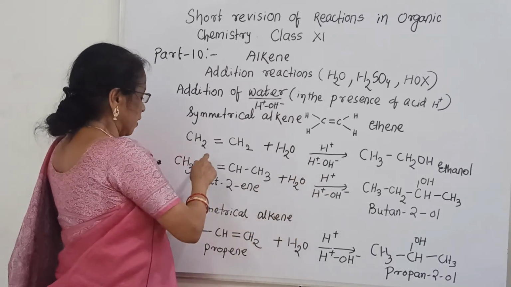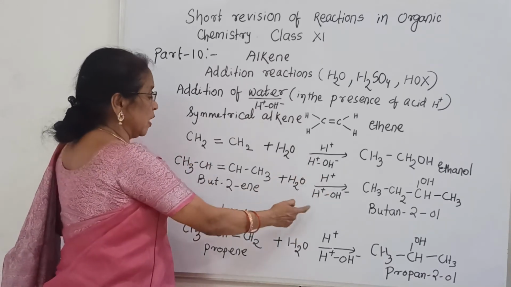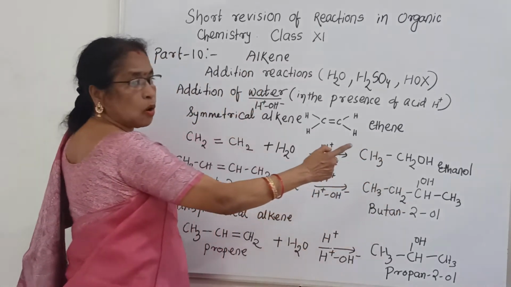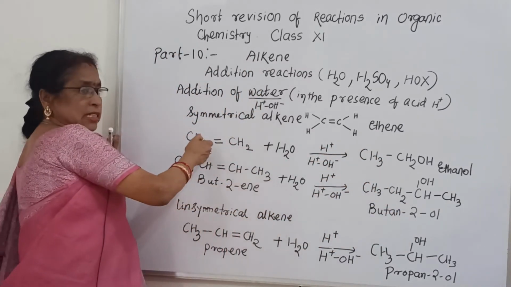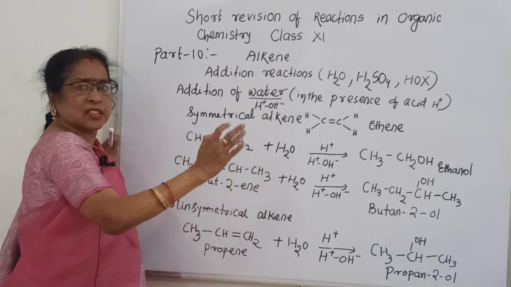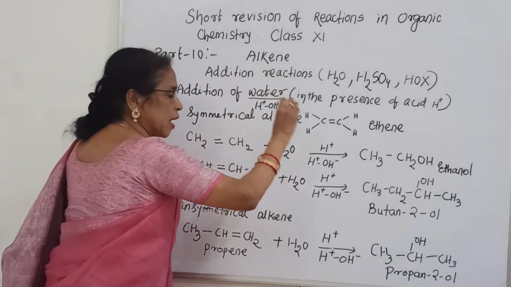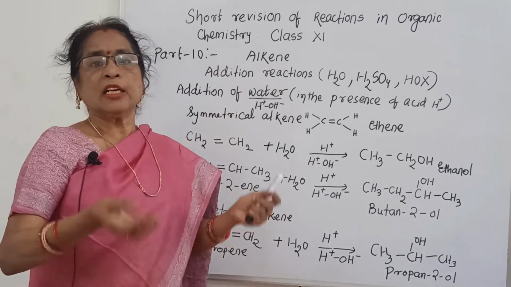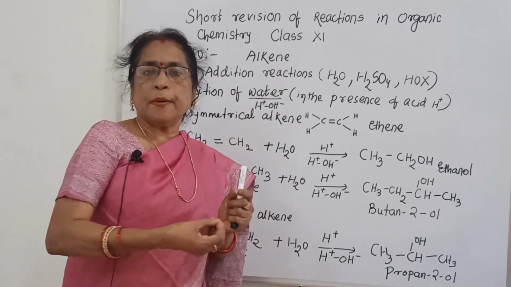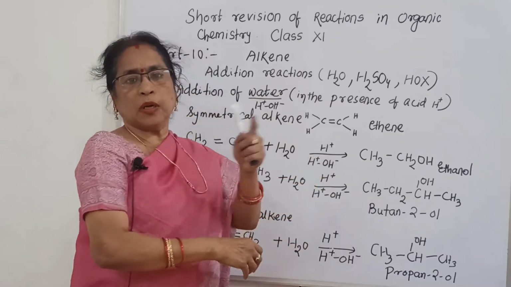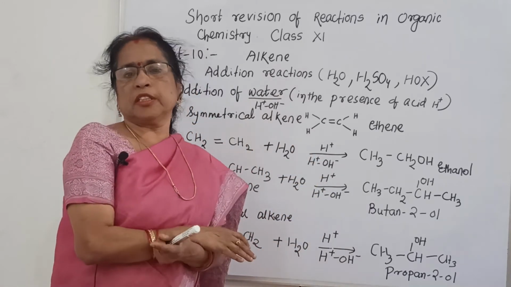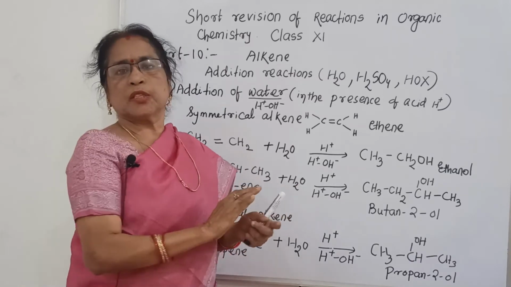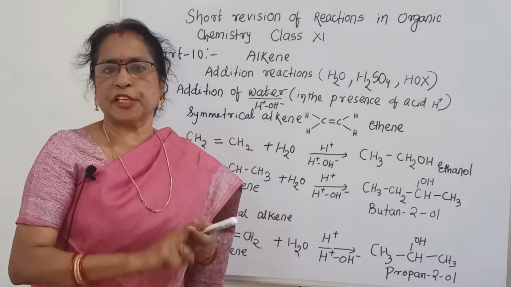H plus here, OH minus here, the product you will get is butan-2-ol. If OH minus here and H plus here, there is no problem. The product remains the same because this is a symmetrical alkene. If you add H this side or OH minus that side, or you reverse the groups, there is no problem. The product remains the same.